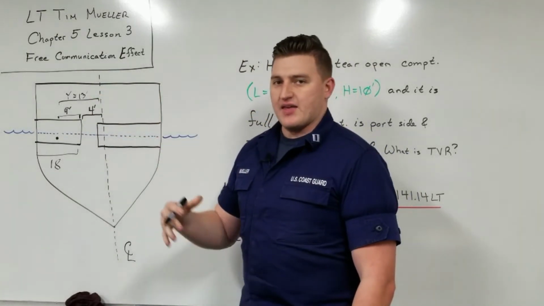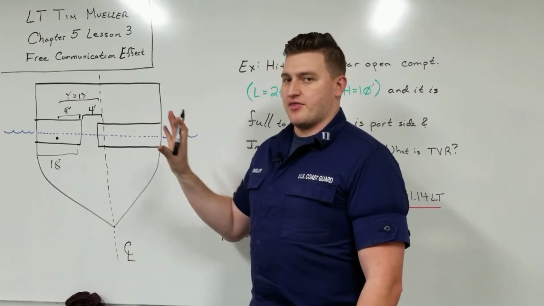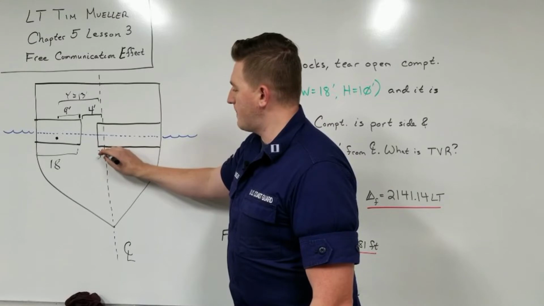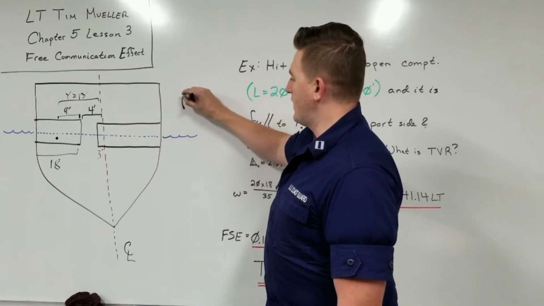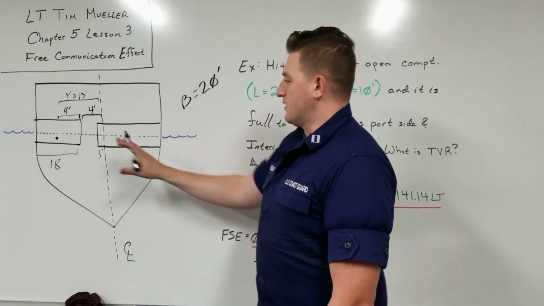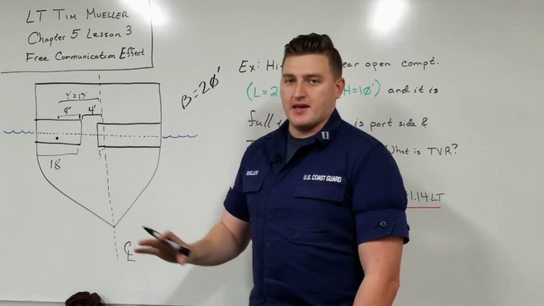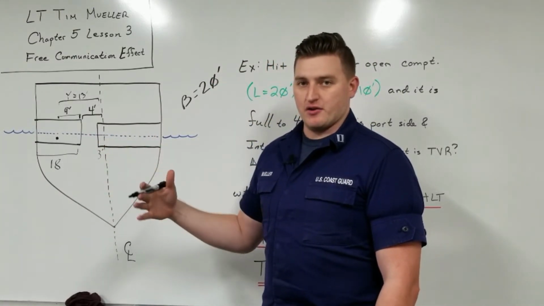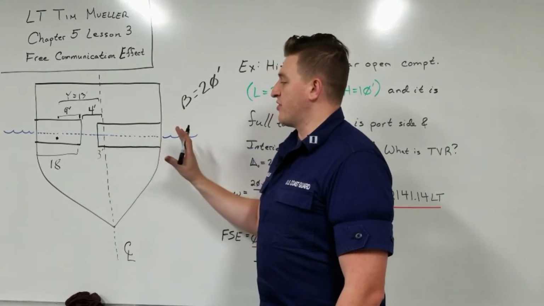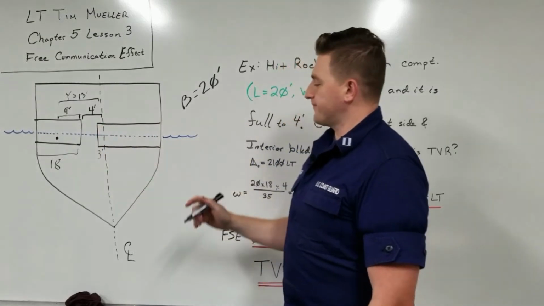If you're given that the interior bulkhead is 3 feet, let's say, on the other side of the center line, so this is 3 feet, and the total width of the compartment is, let's say, 20 feet, you know that the center of gravity is going to be in the half breadth, so it's going to be at 10 feet in the middle of the compartment. But you also know that it's 3 feet over from the center line.